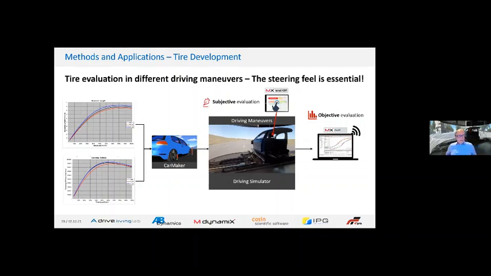We got the tire models from a tire manufacturer, mainly in Pacejka, but I will come to F-Tire as well. And so we can apply different tires, change them quickly, and test that in a kind of blind test with a test driver.